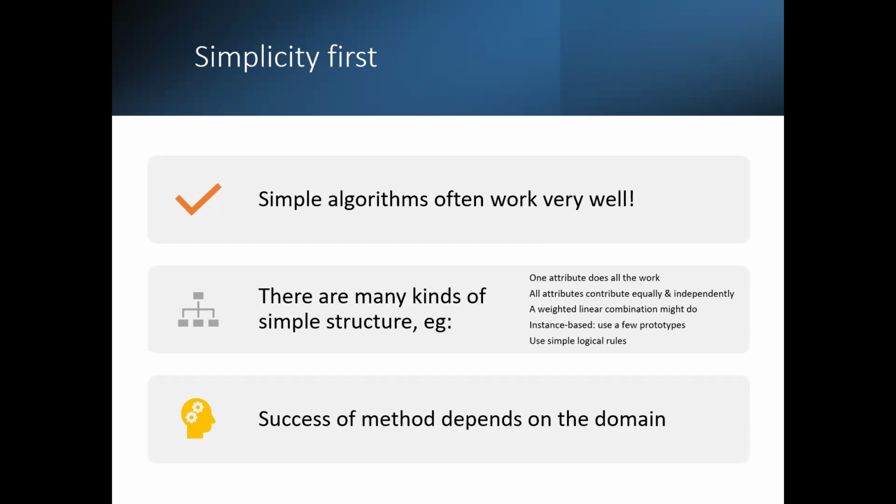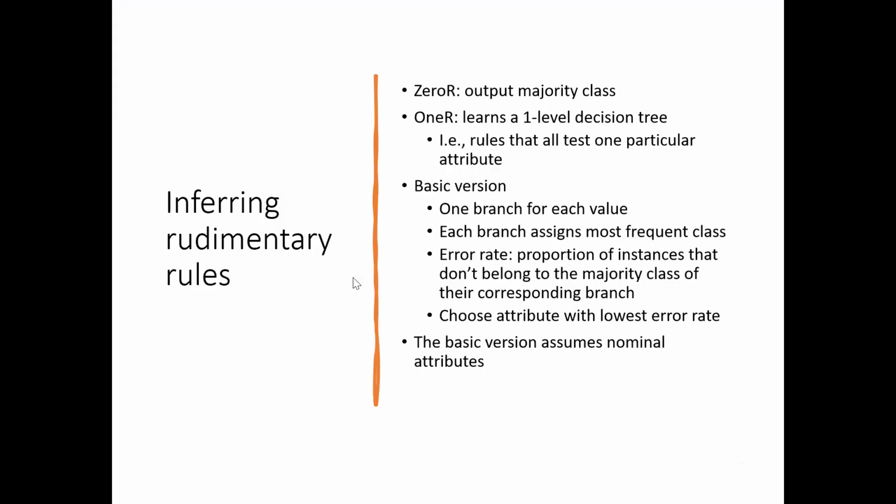And whether this is successful totally depends on the domain, right? So that is what you need to practice. The first one is what we call 0R. 0R means you learn the majority class. So let me explain.